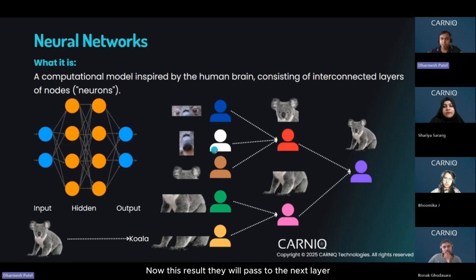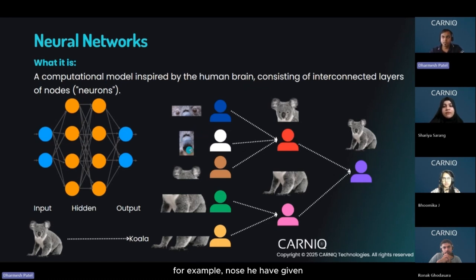Now they pass this result to the next layer, where the next student is supervising them. He collects all this information and multiplies it with some weights. For example, the nose of a koala is very unique, different from other animals, so it gets a higher weight. The weights are again between 0 and 1.